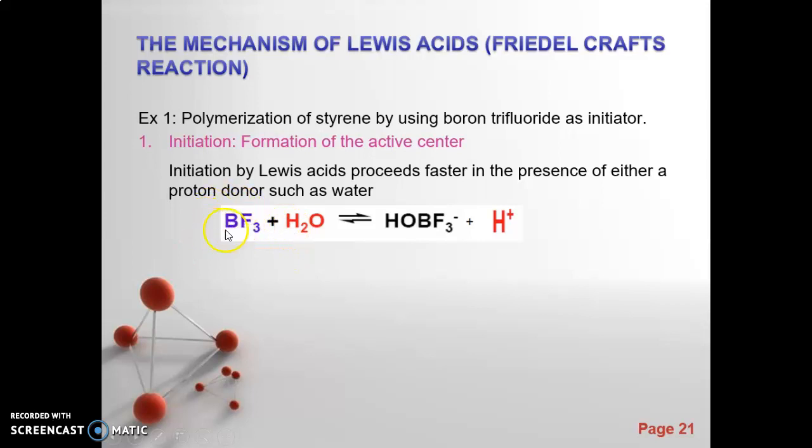So BF3 initiator akan react dengan water sebagai co-catalyst and then it will produce H plus which is the proton, and together with BF3OH minus which is the counter ion. Okay, so we call both of these proton and counter ion pair lah.